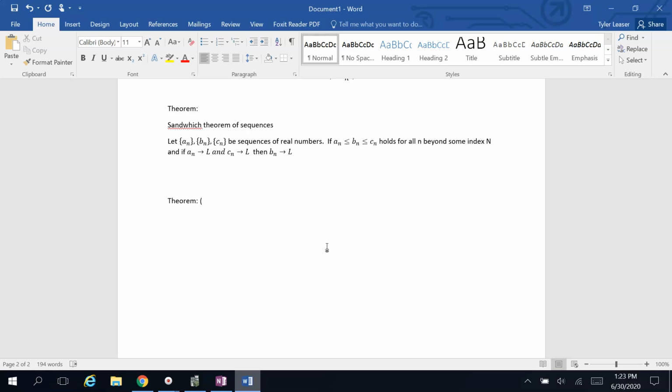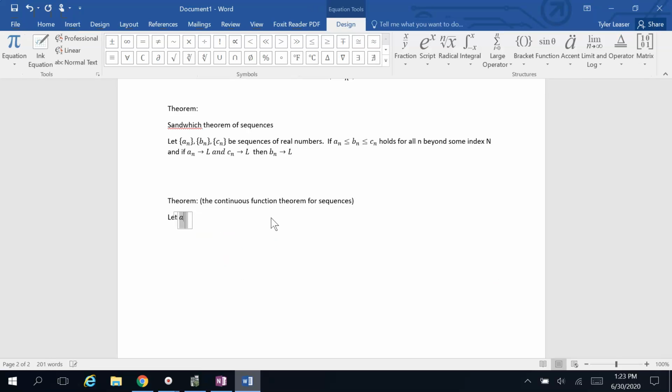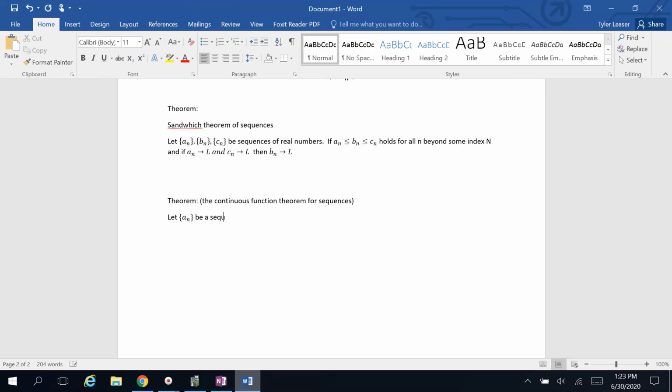So this one is called the continuous function theorem for sequences. And it says this, so again, same setup as always. Let a sub n be a sequence of real numbers.